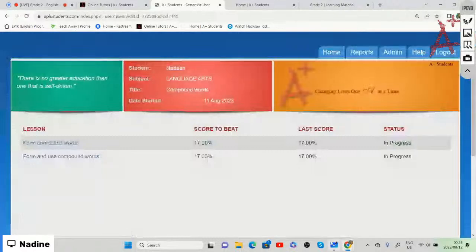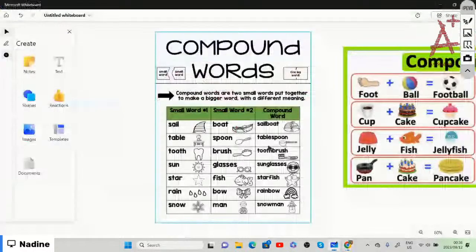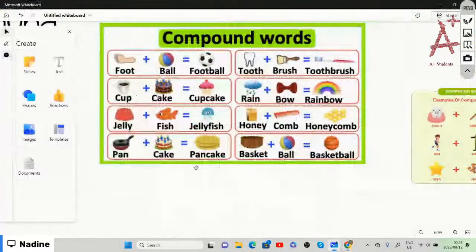All right, so now we're going to our whiteboard, right? Here are a few examples once again of compound words. For example, foot, we have an actual foot plus a ball that you can play with. It can be any ball: a netball, soccer ball, beach ball, tennis ball, baseball, just a ball, right?